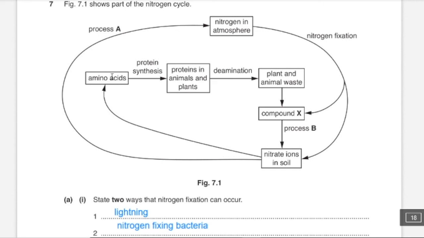Right, so amino acids are converted to proteins in animals and plants by protein synthesis in their cells, and then those proteins are deaminated to produce waste.